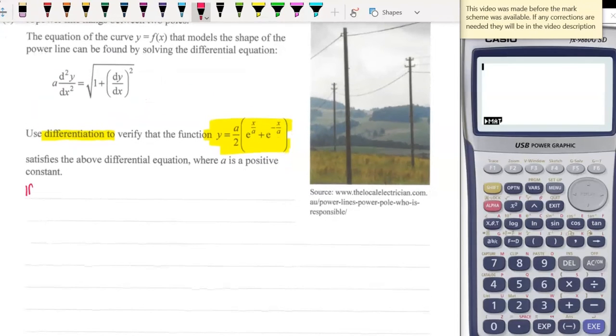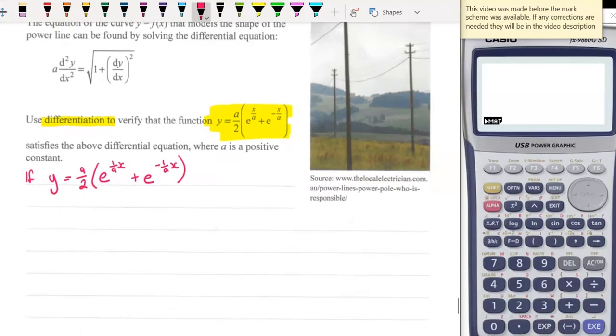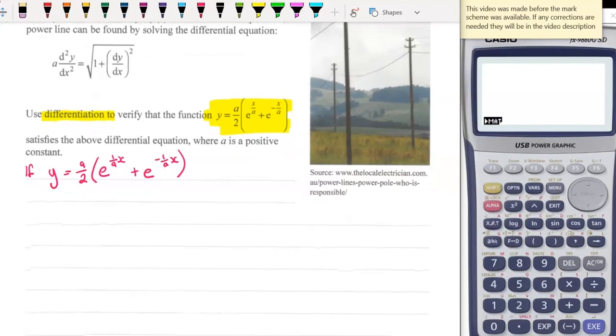Okay, so if y is a over 2 e to the, I'm going to rewrite that as 1 over ax, and then e to the minus 1 over ax, because I find that easier to deal with the derivative then. Then we will get dy by dx is equal to, from this first term here, the e part doesn't change, but we do multiply by the derivative of the x.